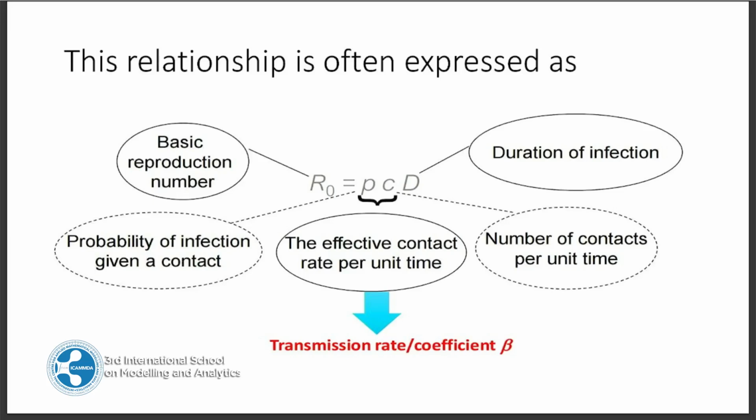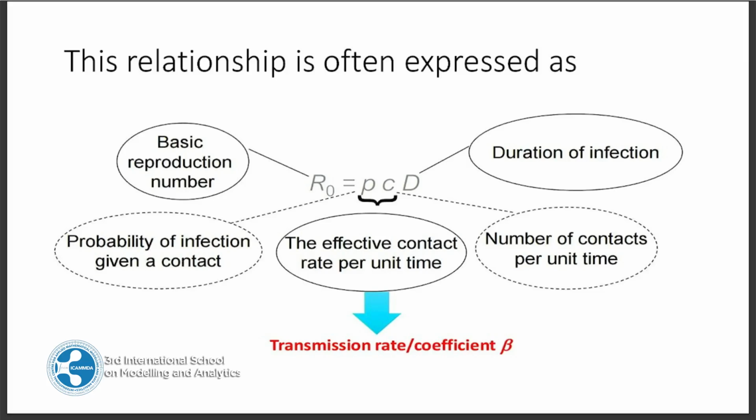So this is the schematic illustration of what I've just said. The basic reproduction number, which is denoted by R naught, is the product of the probability of infection and the contact per unit time, and then the duration of infection.